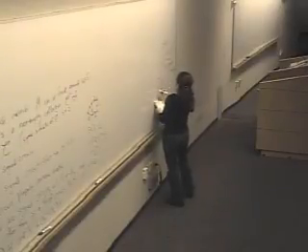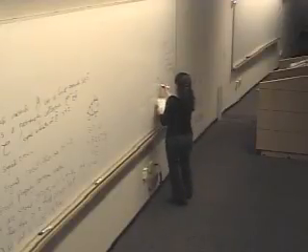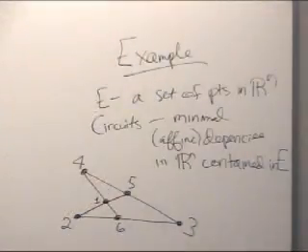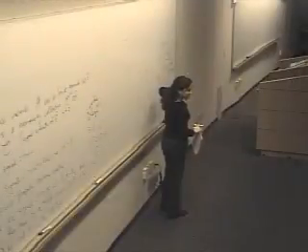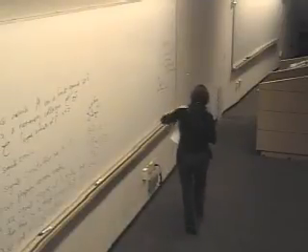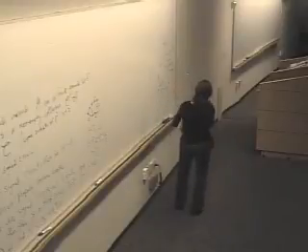So what I'm drawing, you should think of as the matroid of the points 1, 2, 3, 4, 5, 6. The only reason I put the lines here is to show you where the dependencies are. So here, our ground set is a set of points, and circuits are just minimal dependencies.